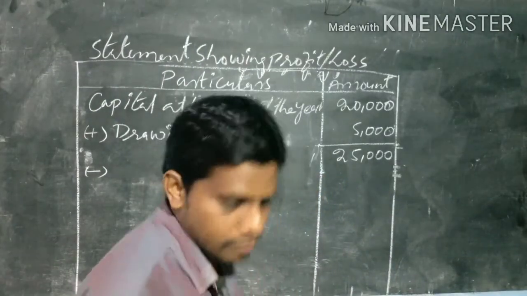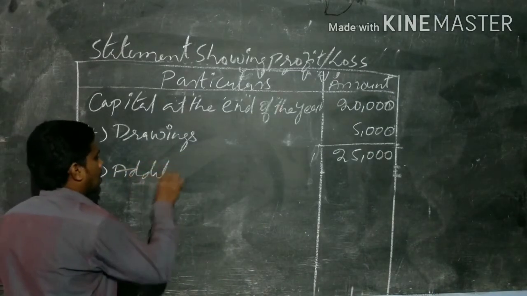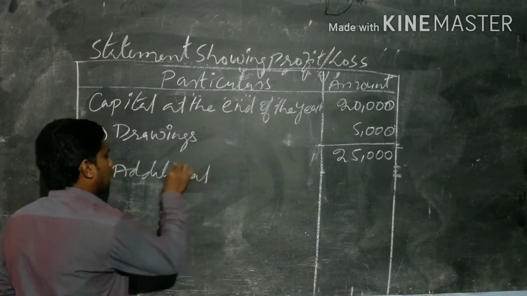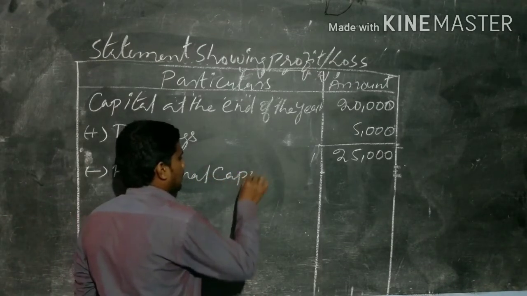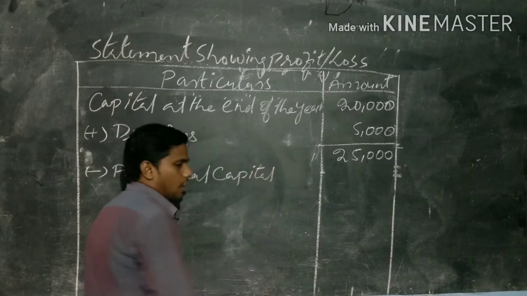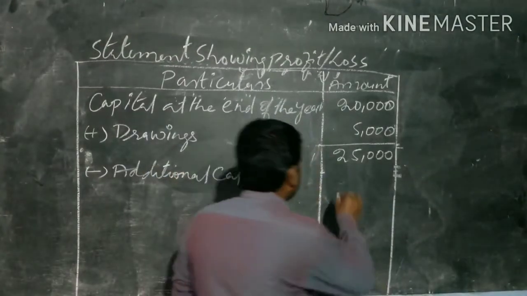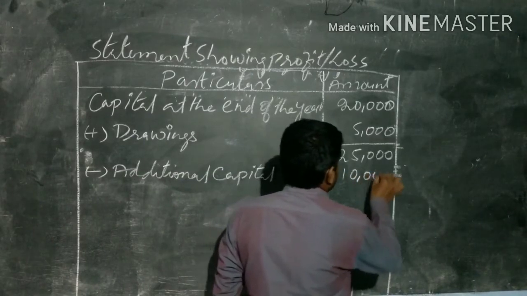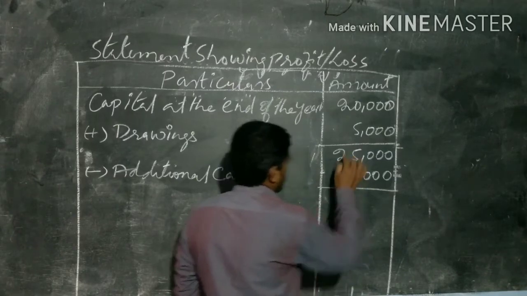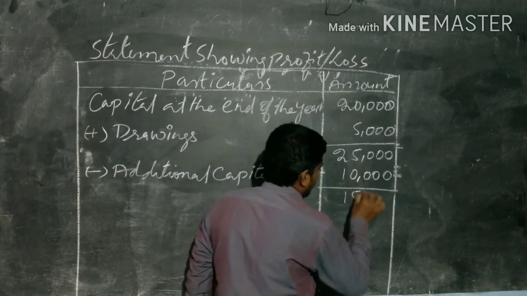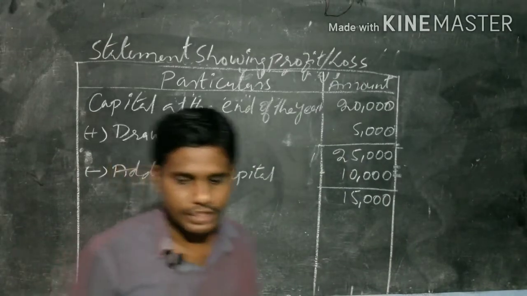Additional capital introduced during the year, we need to minus, deduct it. How much is that? It is 10,000. So after deducting, we get 15,000. 25,000 minus 10,000 is 15,000.